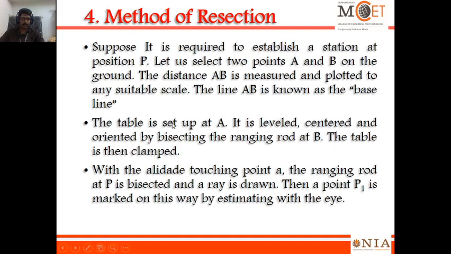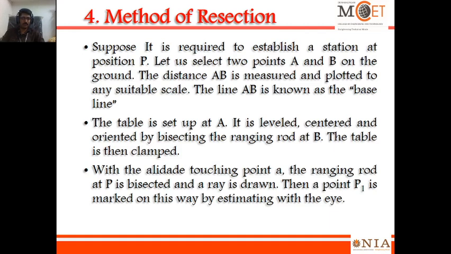The table is set up at A, level and centered, okay. By bisecting the ranging rod at B, the table is then clamped. With the alidade touching point A, the ranging rod at P, the station required, is bisected and a ray is drawn. Then a point P1 is marked on this ray by just eye judgment, right?